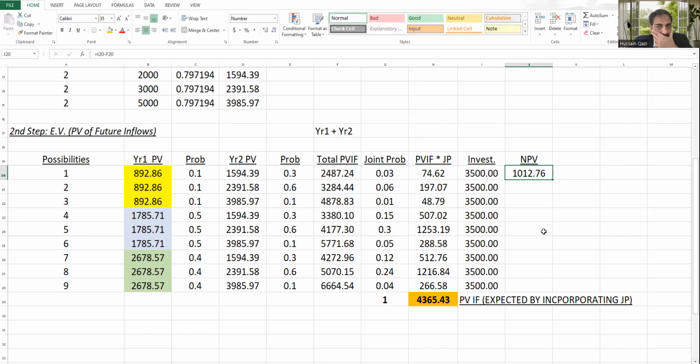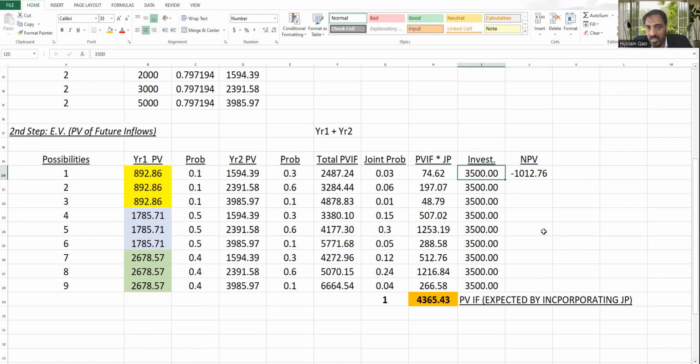So that means, or I can say that the total present value inflows minus 3500. So that means NPV is negative.